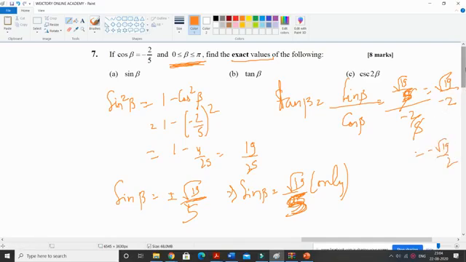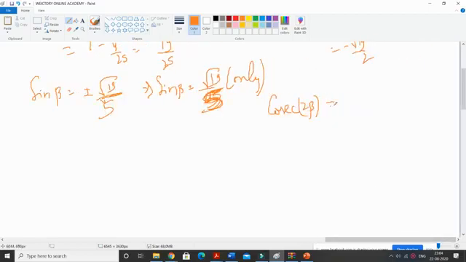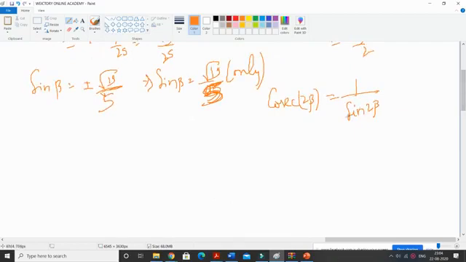Now it says cosec 2 beta. So cosec 2 beta is 1 over sine 2 beta. You can do it like this, or there is another way, I'll explain later. Let's solve by this method.